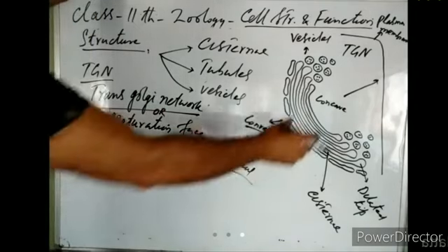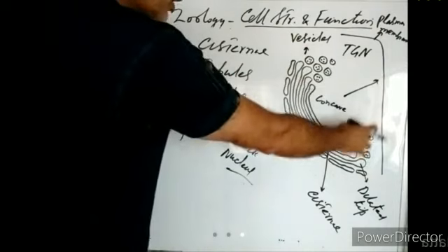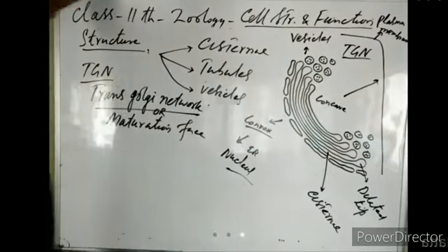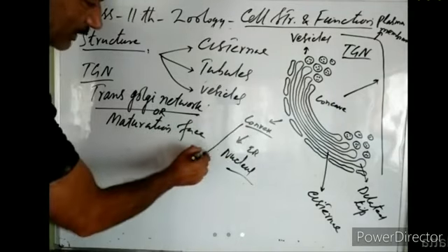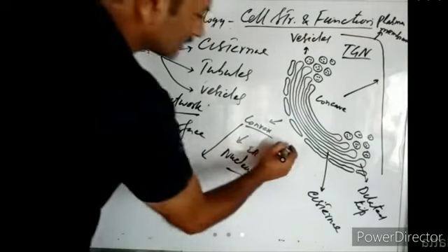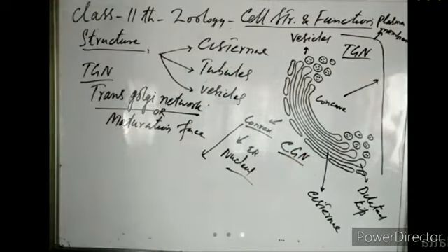So on this phase, the Golgi body matures, right? This concave face of the Golgi body is known as TGN, Trans-Golgi network, or maturation phase. This convex face of the Golgi body is known as CGN.